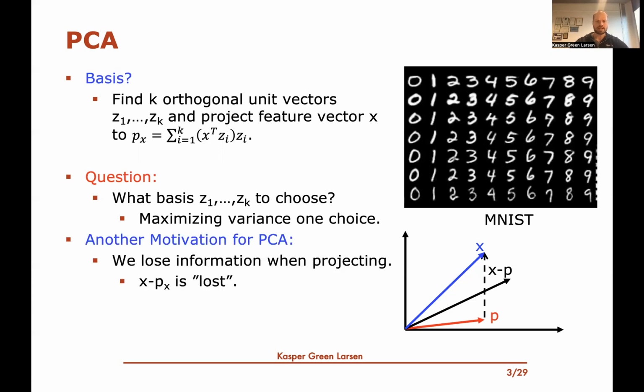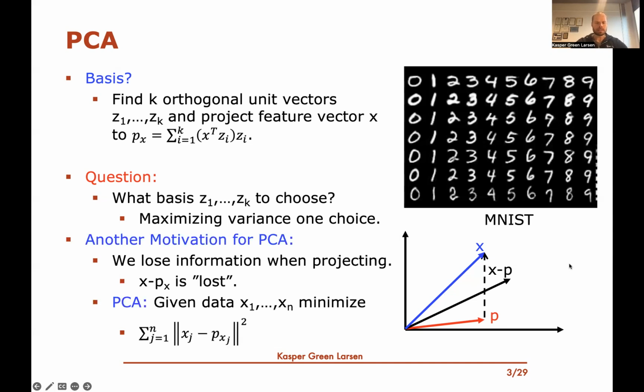So when we project, we can sometimes say that we're losing some information. So if you look at the vector x here, if we're projecting it onto p, then somehow the information that is lost is the difference between x and p, this x minus its projection. This is somehow information that we lose when we project.